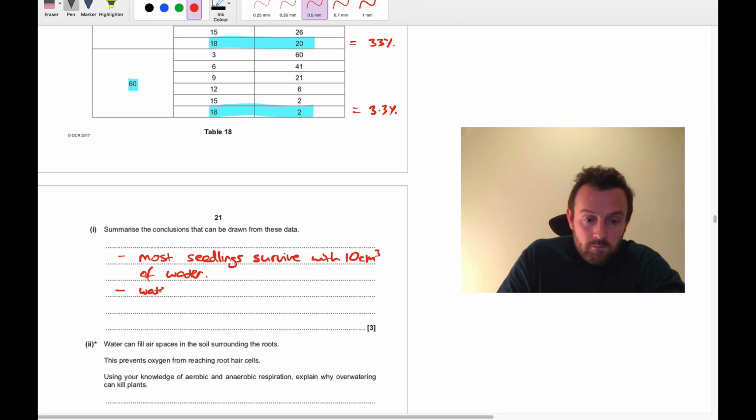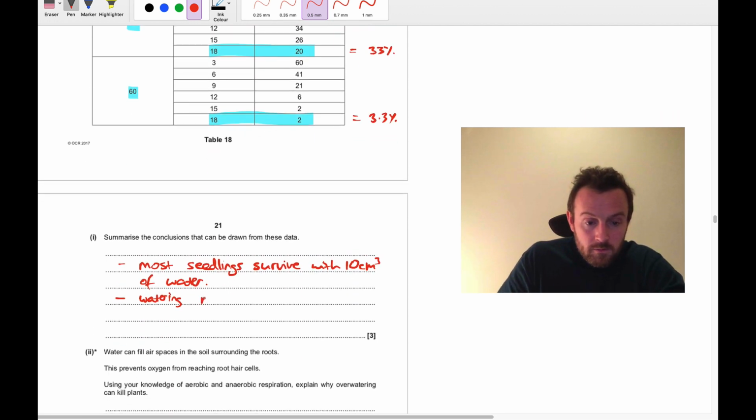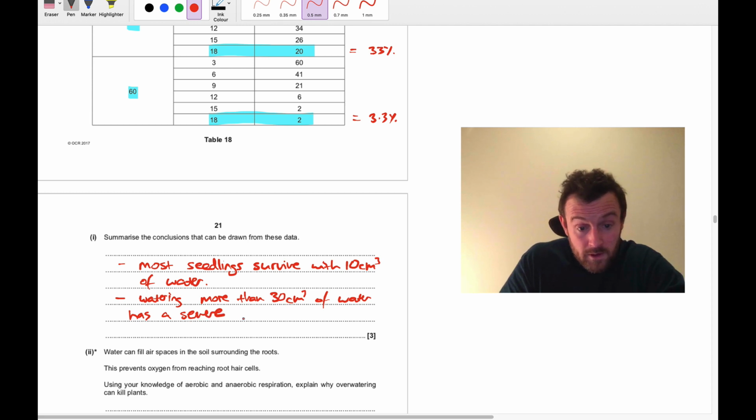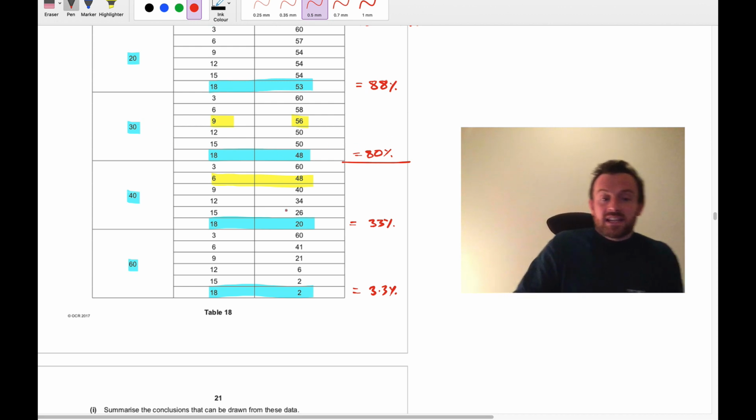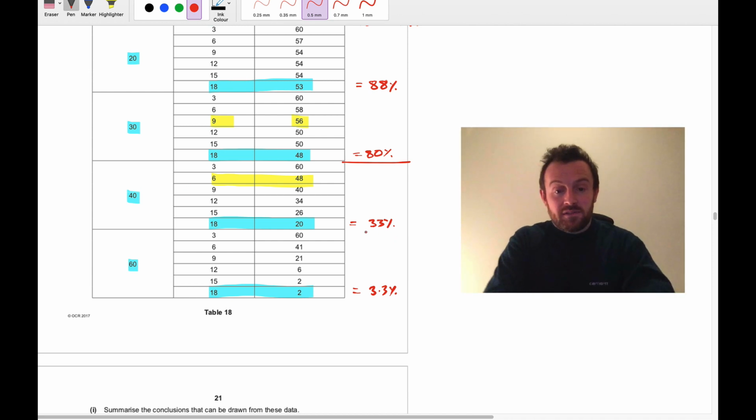Watering more than 30 cm cubed of water has a severe impact or something. And then I'd quote some data. I won't write it here, but I'd say, for example, 30 centimeters cubed of water results in 80% surviving at day 18, but 40 centimeters of water results in only 33% surviving at day 18.